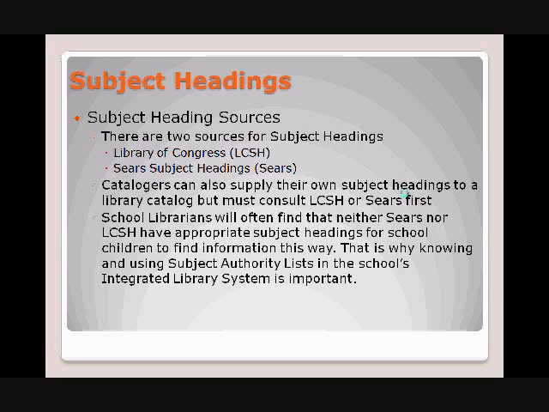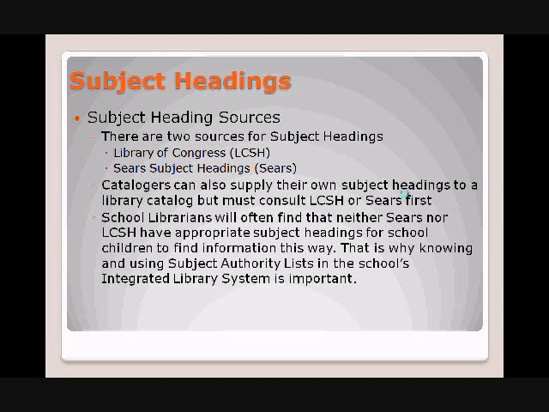Now, catalogers also supply their own subject headings to a library catalog, but they first must consult the Library of Congress or Sears. Oftentimes, school librarians will find that neither Sears nor the Library of Congress have appropriate subject headings because these subject headings are really designed for adults.